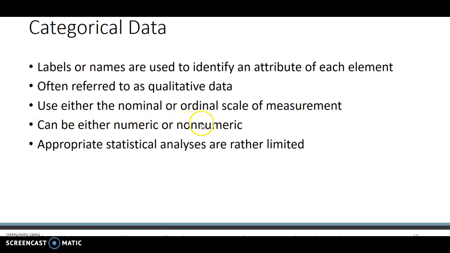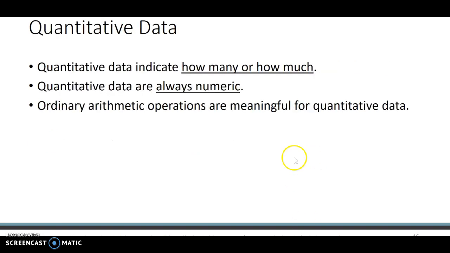It can be either numeric or non-numeric. Appropriate statistical analyses are rather limited. It's important to know if you have categorical or qualitative data. With qualitative data, you can do fewer things to them from a statistical standpoint than you can with quantitative data.